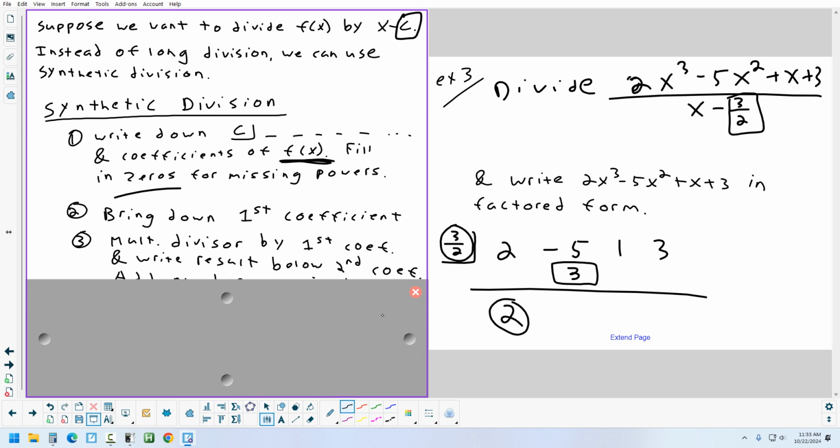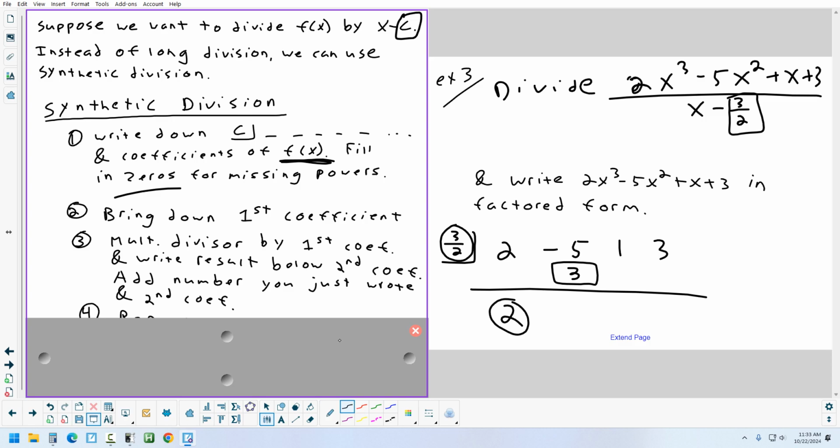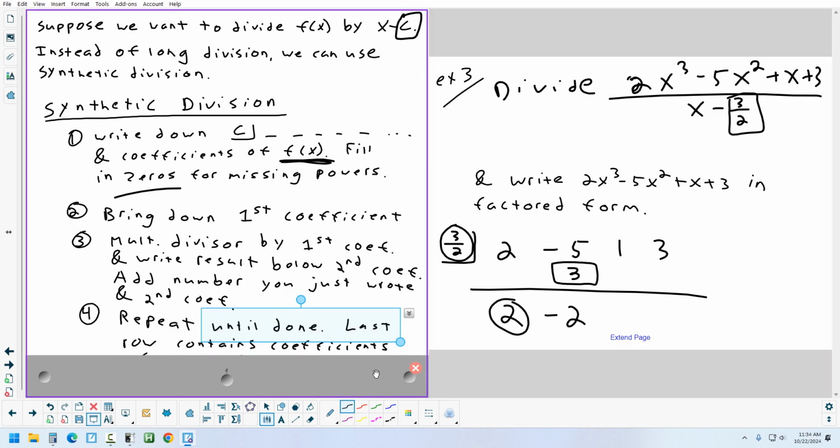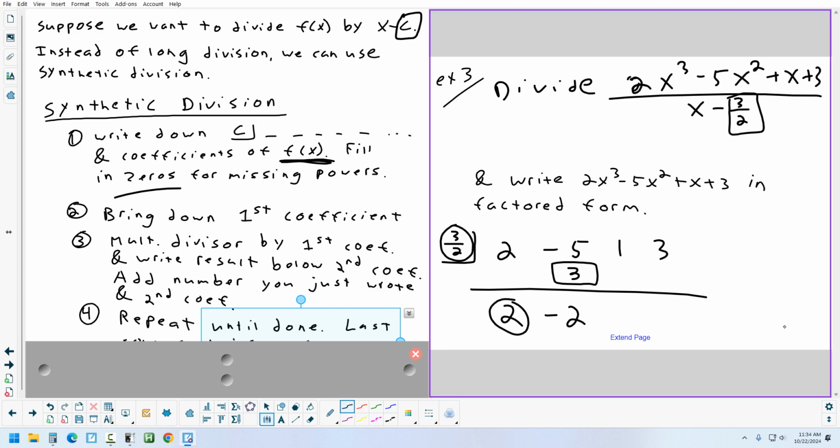Now, what did we always do with our columns yesterday? We subtracted them. Not today. You're going to add them. So you may want to make a note that that's different. You are adding the columns. What's -5 plus 3? -2. And now we do that again. When we're done, I'll explain to you what these numbers in the bottom represent.